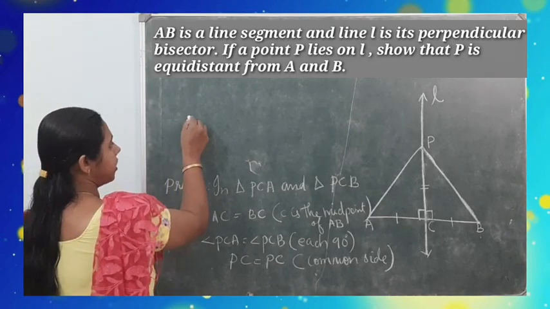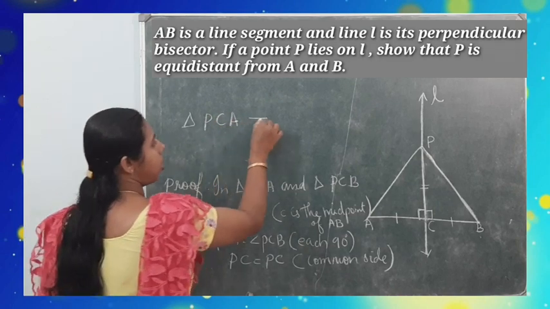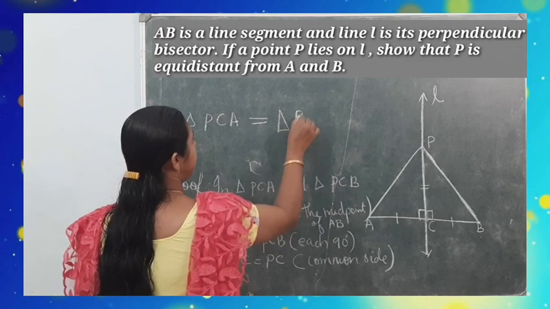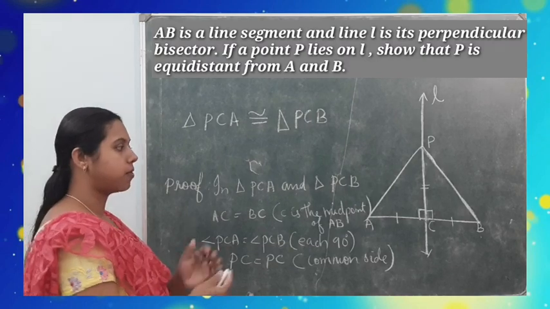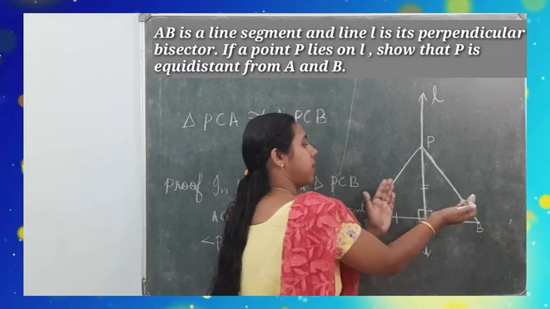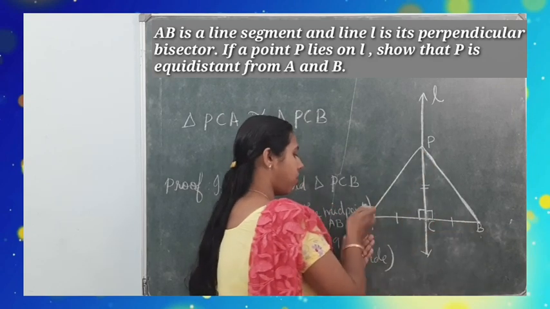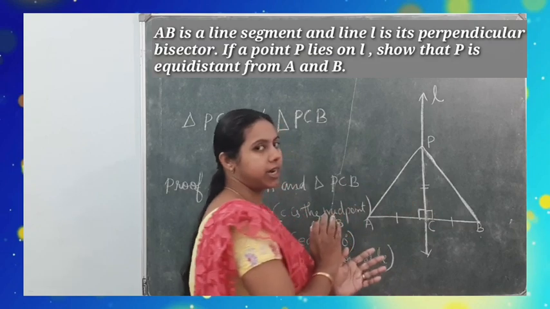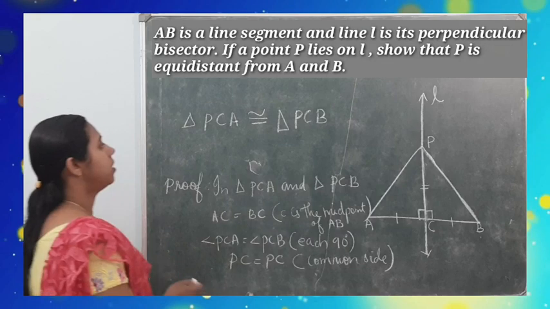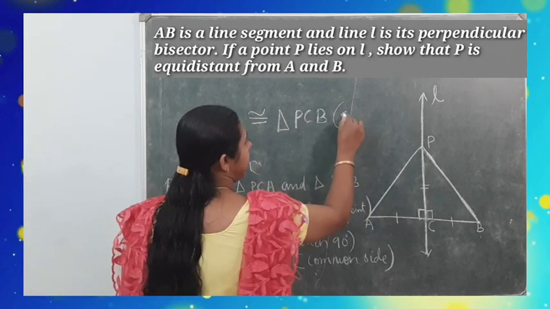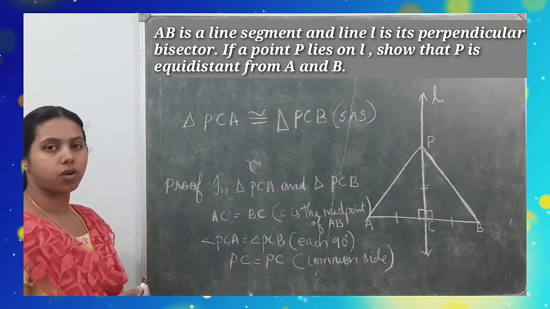So we can say that triangle PCA is congruent to triangle PCB, because this triangle will coincide with this triangle. So P will coincide with P, B will coincide with A, C will coincide with C itself. Take this triangle and keep it on this. By which criteria? By SAS congruence rule, we can say that these two triangles are congruent.